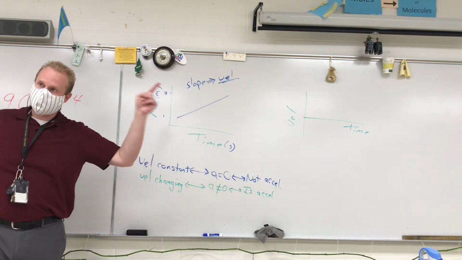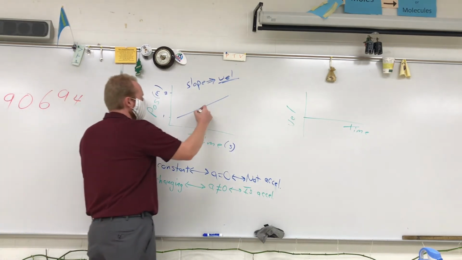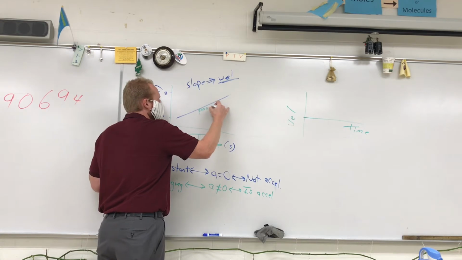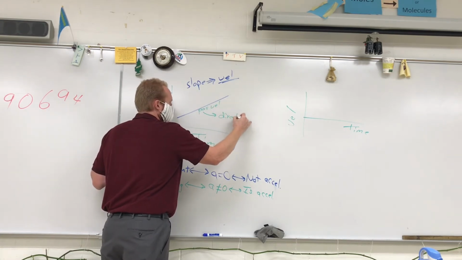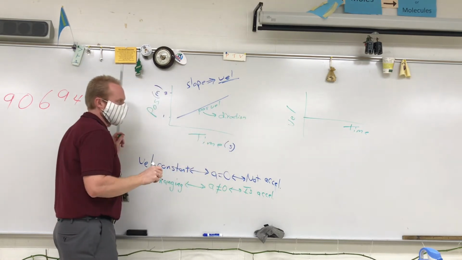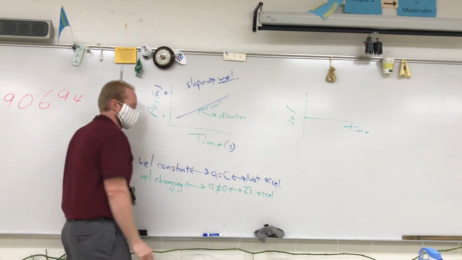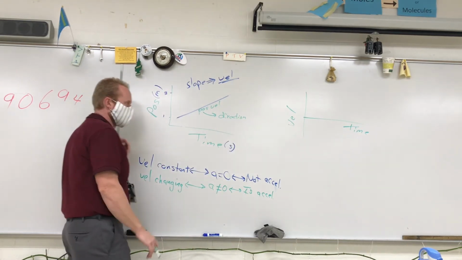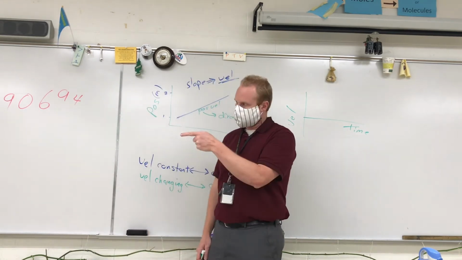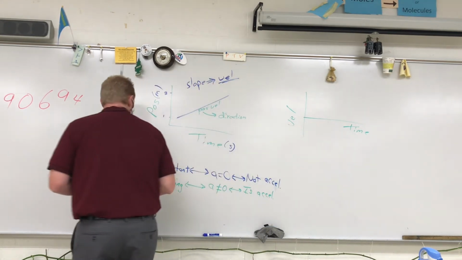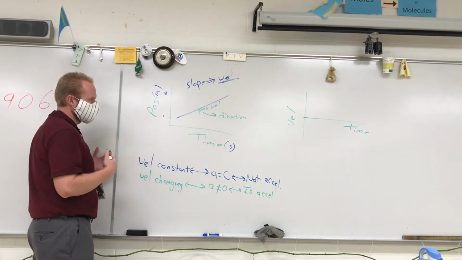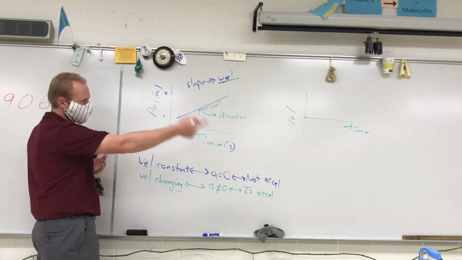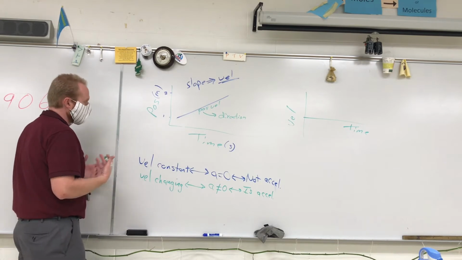So that positive slope, the positive velocity, tells me the direction. In this case, it's a positive velocity, which means it's moving in the positive direction. If we had a negative velocity, it'd be moving in that direction. Slope is constant, therefore my velocity is constant. It's a positive velocity, so it's moving in the positive direction.